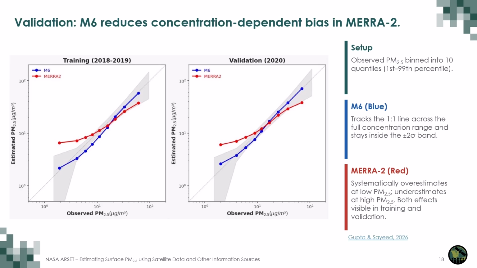In contrast, the red line shows that the raw MERRA-2 systematically overestimates low PM2.5 values and underestimates high concentrations. These concentration dependent biases are clearly visible, and the results demonstrate how the ensemble approach using CNN substantially reduces these biases.